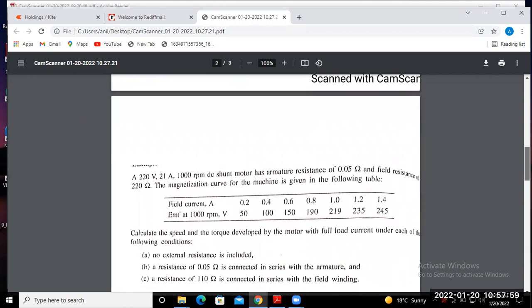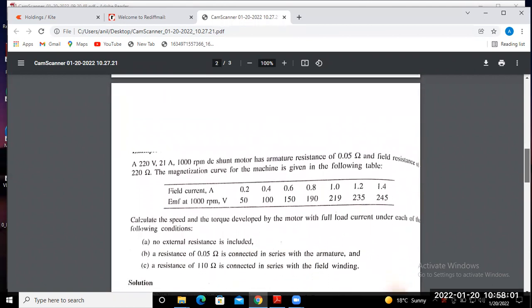Okay, so let us consider one example on this DC shunt motor.